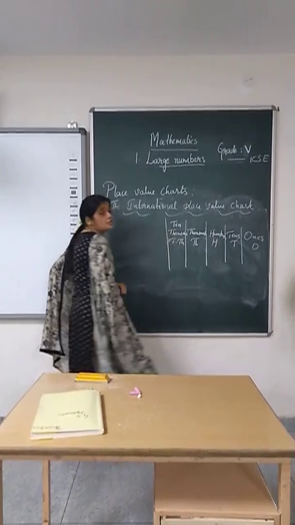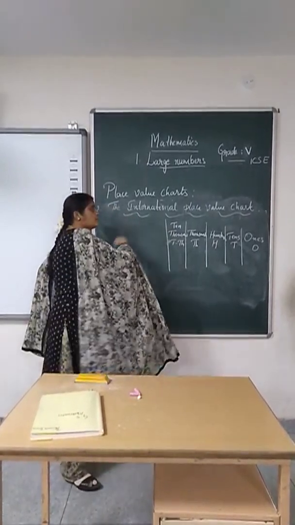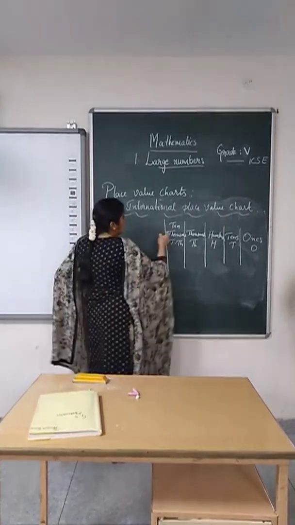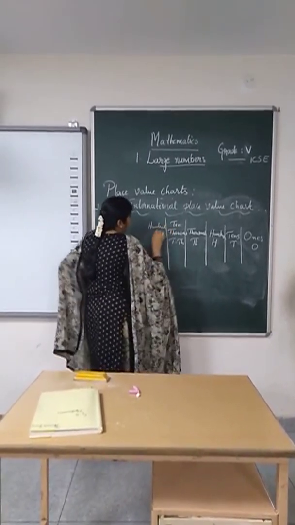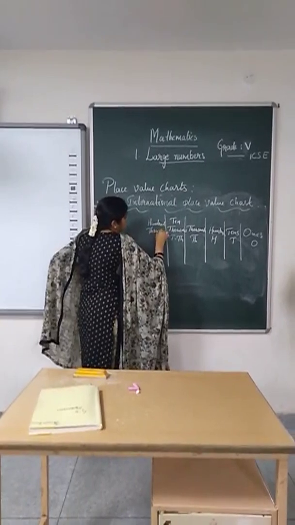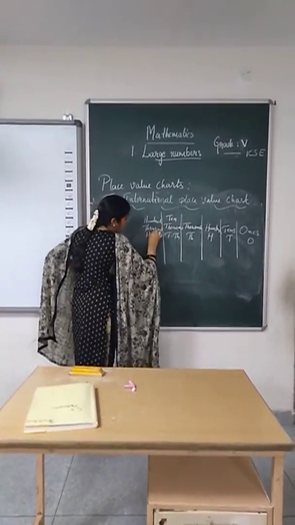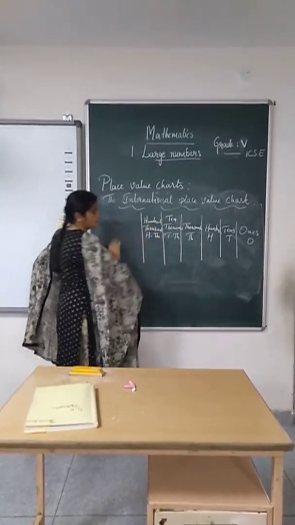After 10,000, you used to write lakh. That was the next period, but here it's not. After 10,000, you will have 100,000, that is HTH. Okay.